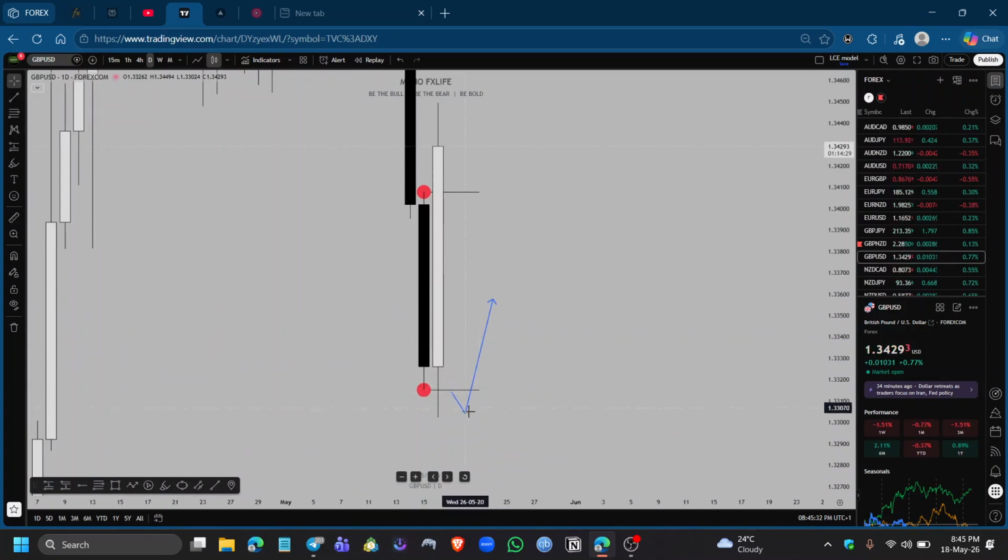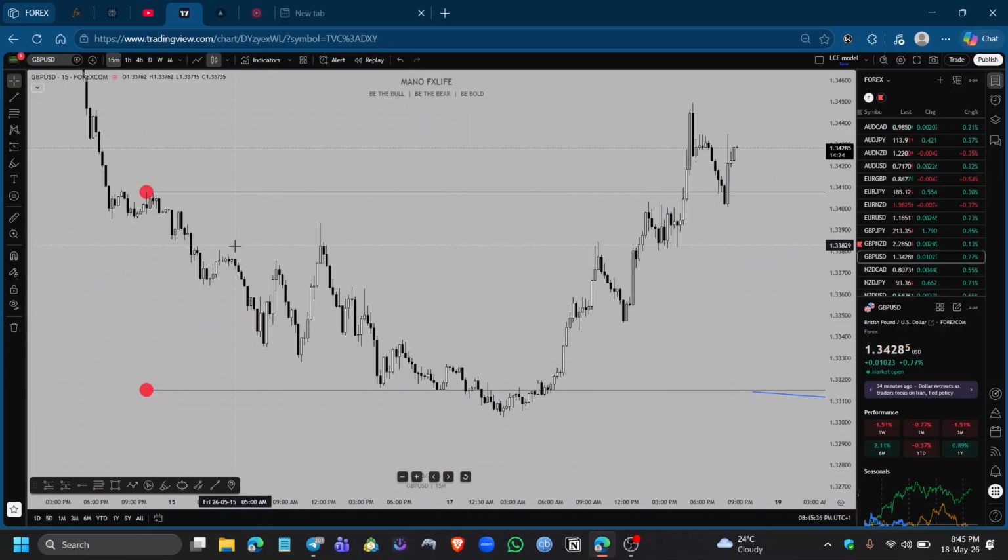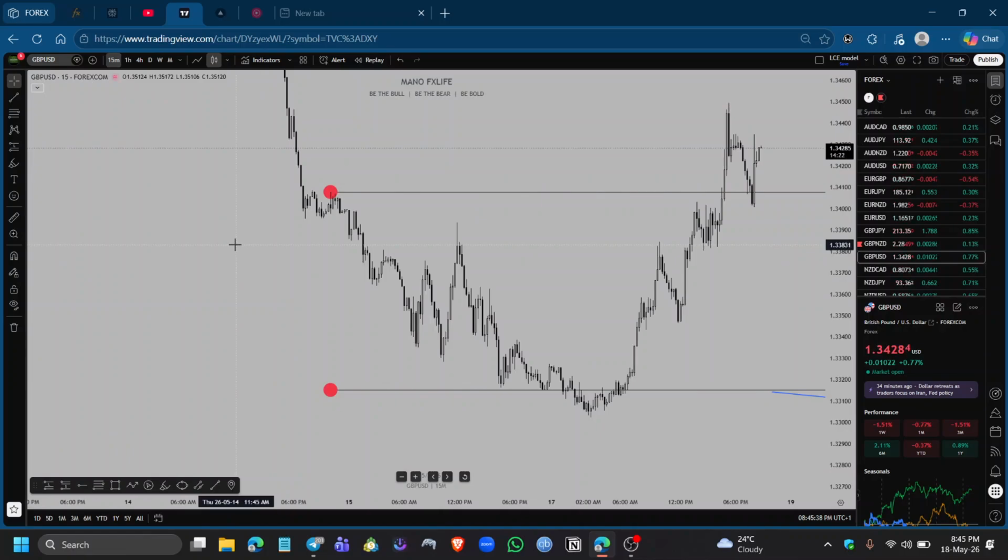Price swept yesterday's low and it rejected. So as you're coming into the market around 7 in the morning, you want to see if price is breaking above a range. This is what a range is. When the market is moving, it creates a retracement and then it moves down again.